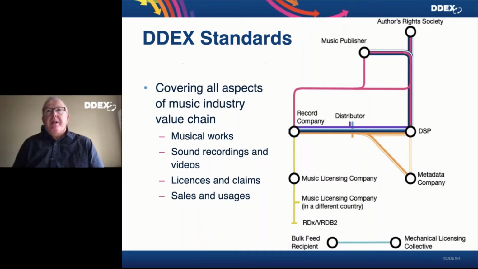And obviously, in so doing, all of those organizations will need to exchange data about musical works, about sound recordings and videos, but also about licenses relating to those works and recordings and claims in those works and recordings, and sales and usage information resulting from those licenses and claims.